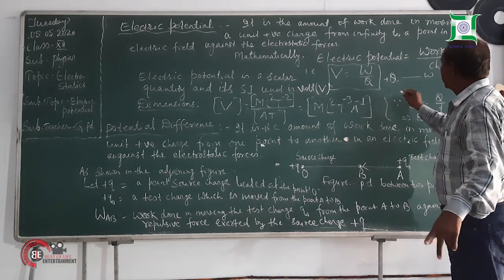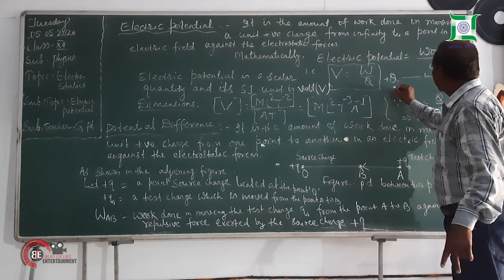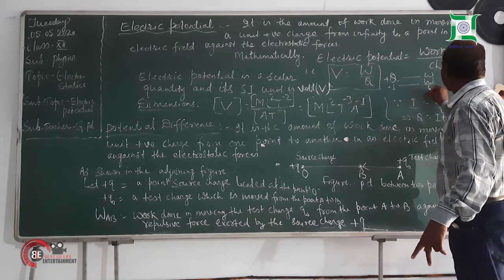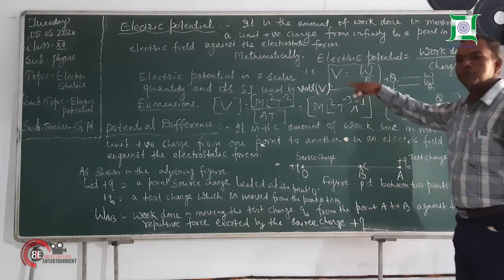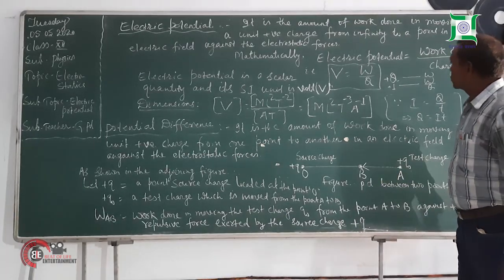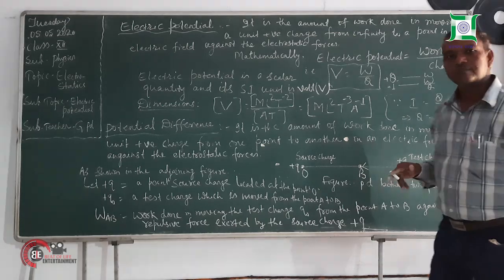Then in moving a unit positive charge it will become W by Q. So it is written as V is equal to W by Q. Clear? So this is electric potential.